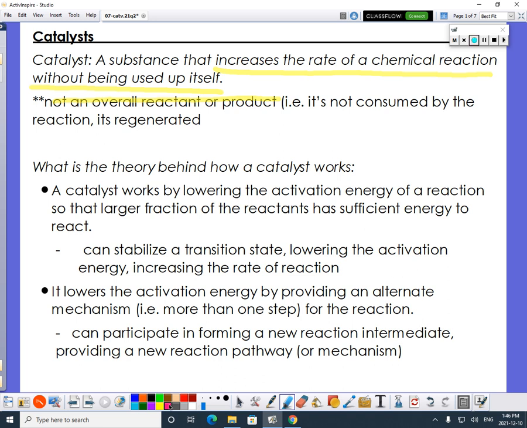So how is it different from a reaction intermediate, which we also wrote in this morning's note, not an overall reactant and product? So in this case, a catalyst, we are going to say that it's used up, but then it gets regenerated. So highlight that.